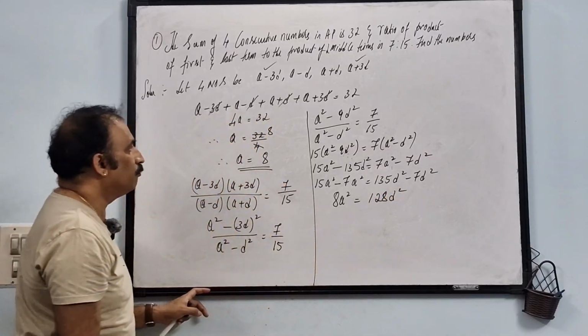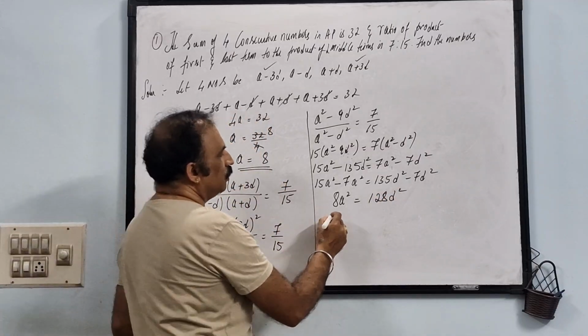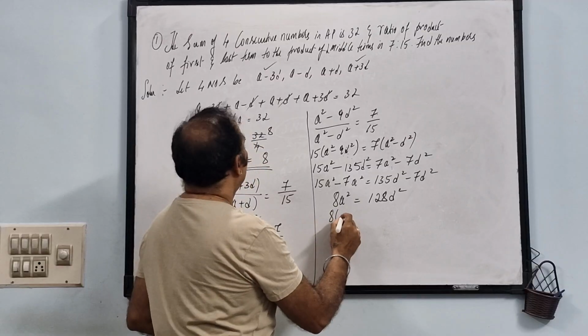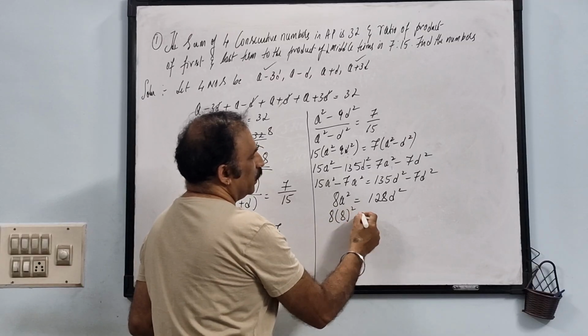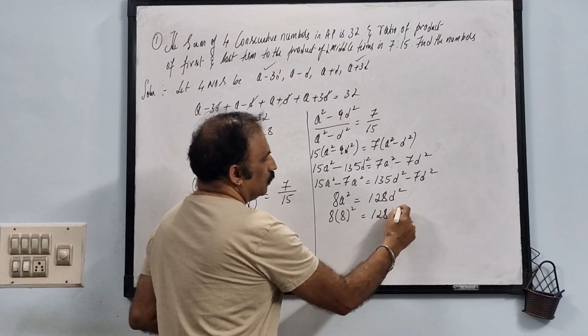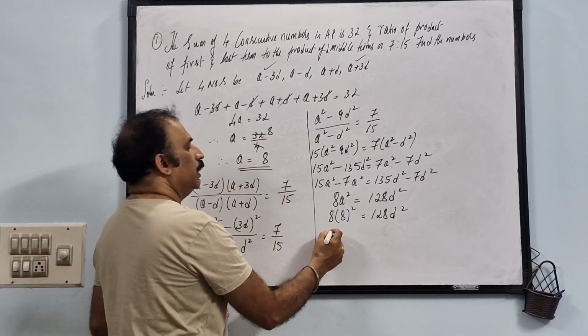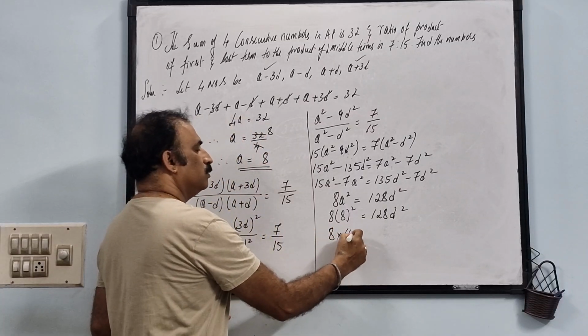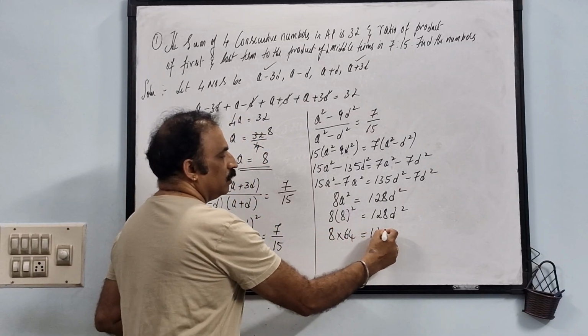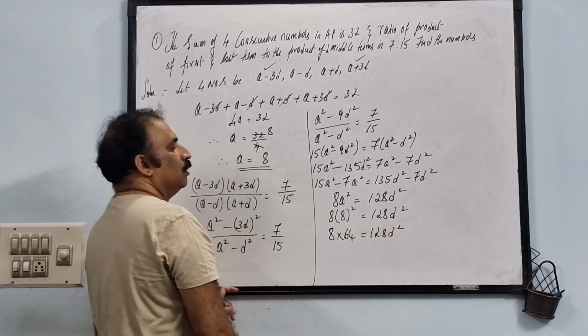Now substitute the value of A, which you have got as equal to 8. 8 into 8 square is going to be 64, equal to 128D square.